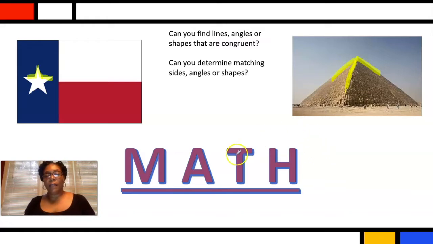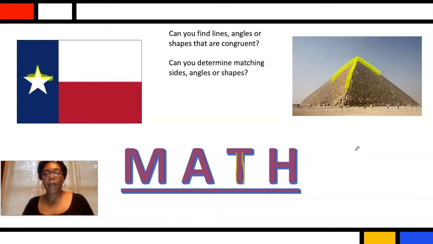If I look at this line segment, it is congruent to this line segment. That is one way I can look at it. Or I can determine some sides or angle matches. I can also look at some lines of symmetry.